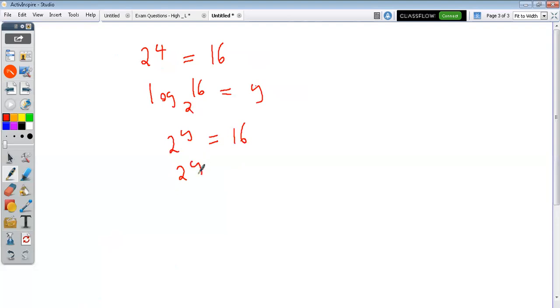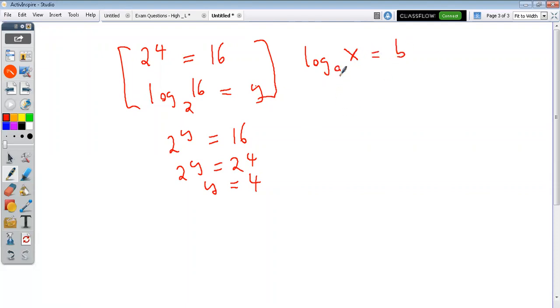Then we know that 16 is equal to 2 to the power of 4. It means your y is equal to 4. What I wanted to show you is this here. If I have log of x to base a being equal to b, what I'm simply saying is a to the power of b is equal to x. That's the first thing that I wanted you to see.